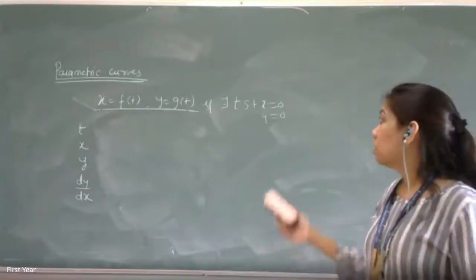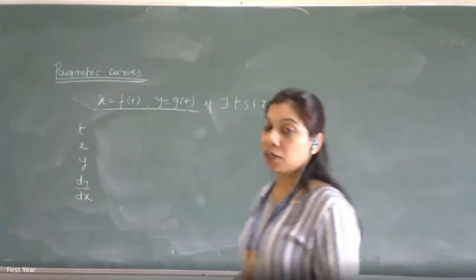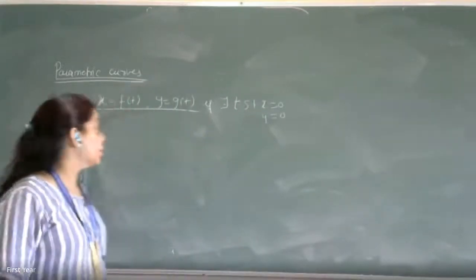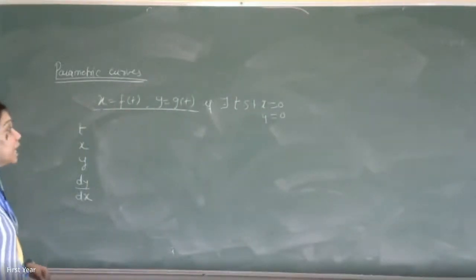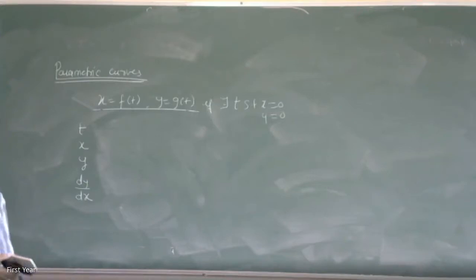Next point is if there exists t such that x and y are simultaneously 0, then origin lies on the curve, parametric curve. Origin lies on the parametric curve.